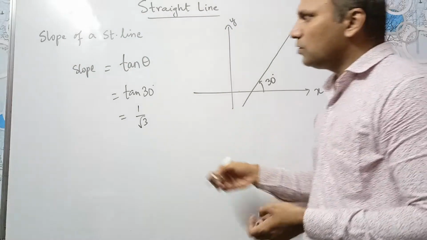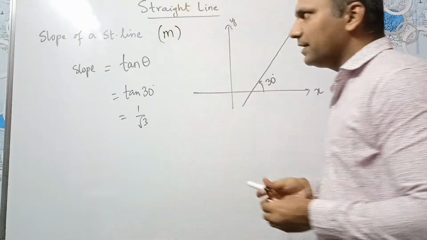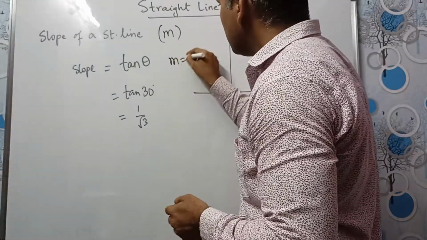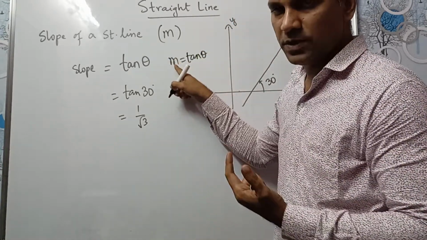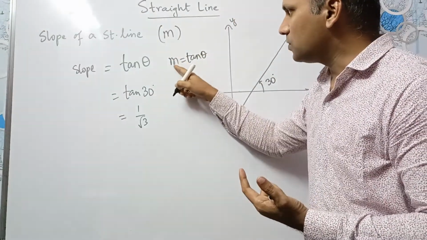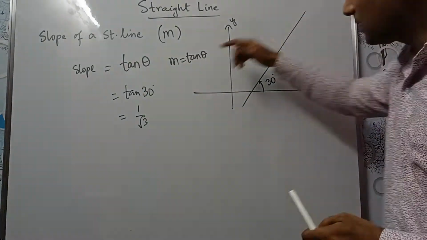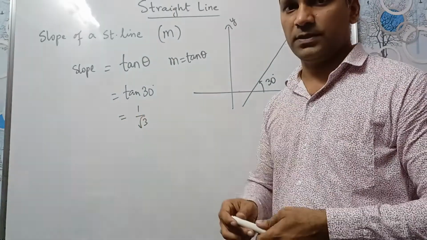Slope is represented using the letter m. So we can say m is equal to tan theta. So in this case, the value of m is 1 by root 3, which means the slope is 1 by root 3.